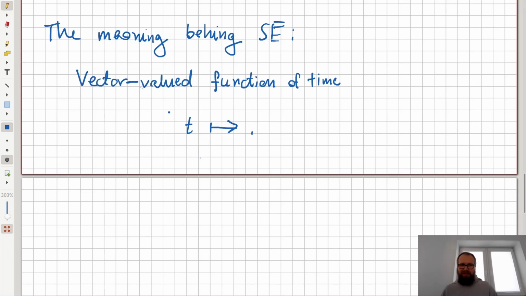So function of time. Let me write it like this: psi of t. The t is a real parameter, and psi sits in a space H. This kind of math BB font, I don't know how you call it properly, but in LaTeX it is mathbb. I will use it to denote sets or spaces, depending on the context. And this notation indicates that this is a function.